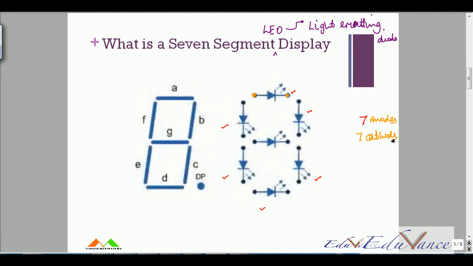Now typically you would use a 7-segment display to display numbers or to display characters such as A, B, C, and so on.